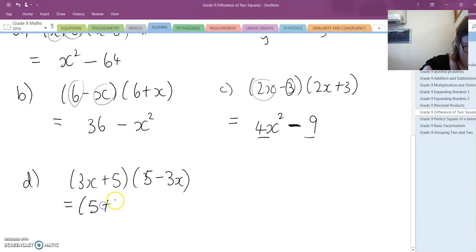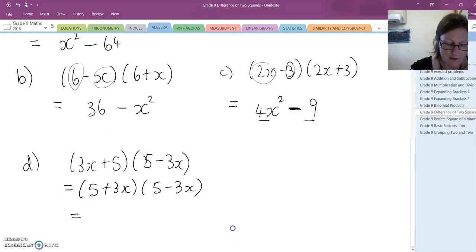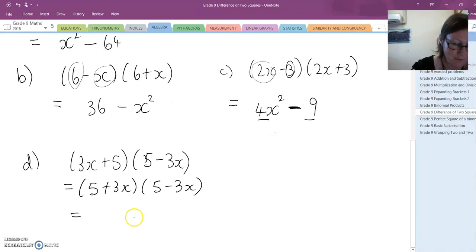There'd be nothing wrong with changing the order around. So I've just changed the order around of those terms, kept the second bracket the same, and then I think you can see that it is exactly the same except for the sign. So the difference of two squares rule applies. We're going to end up with two terms, a difference in between. Let's square the first term, and let's square this second term.